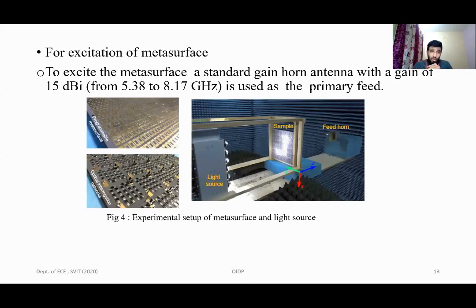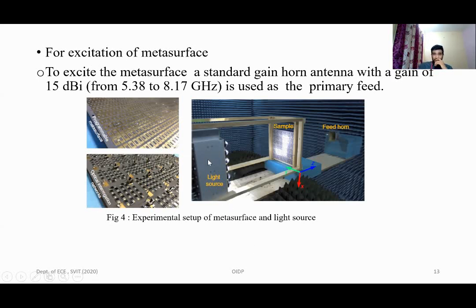For excitation of the metasurface, we are using a horn antenna with a gain of 15 dBi from 5.38 to 8.17 gigahertz as the primary feed. So these are programmable metasurfaces and optical interrogation networks.